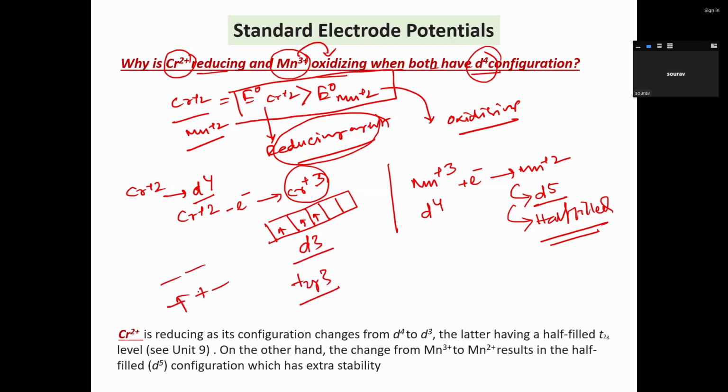It is like that, so it is actually half filled. It is also a stable electronic configuration from octahedral crystal field theory. Okay. So that's why chromium plus 2 acts as a reducing agent here, and Mn plus 3 acts as an oxidizing agent here.